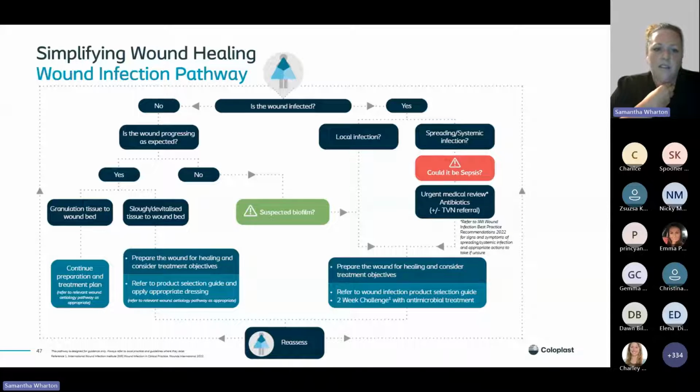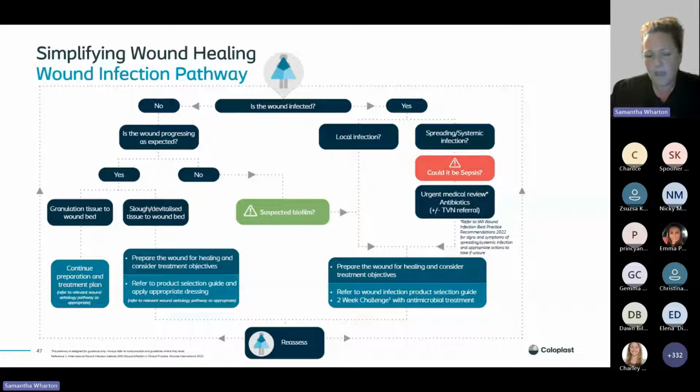If there's slough or devitalized tissue within that wound bed, prepare the wound for healing and consider treatment options. You can refer to the product selection guide. We have product selection guides for different etiologies of wounds, and when you speak to somebody following this event, you can ask for more details. If there's no signs of wound infection, but the wound's not progressing as you're expecting, then this could be where your suspected biofilm is present.